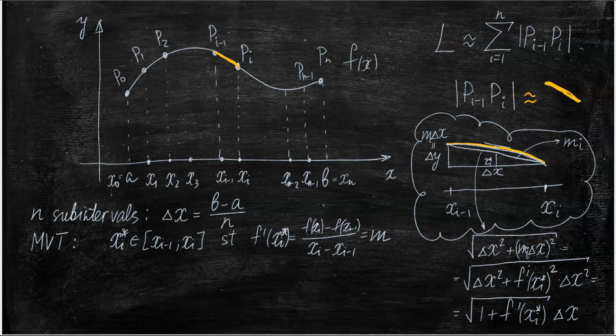On that interval there exists xi star, the derivative at which is equal to the slope of the secant line, and therefore the line segment can be approximated with this formula. So let's just write that out. So we approximate the length of this line with this formula.